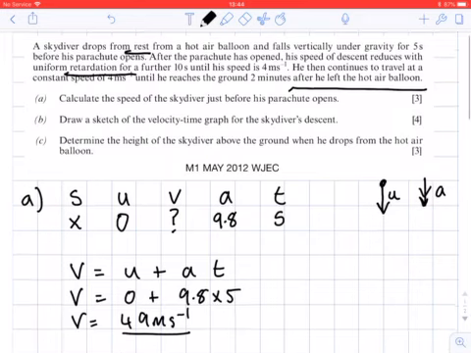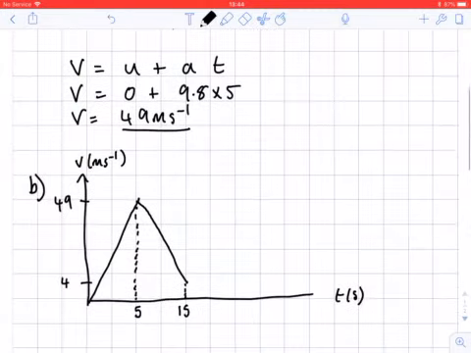Now 2 minutes is 120 seconds. You can imagine that most people would draw a line along constant speed 4 meters per second and call that 135. But remember, the measurement was from the 0 where he left the plane or the helicopter. So that is now going to be 120, okay?